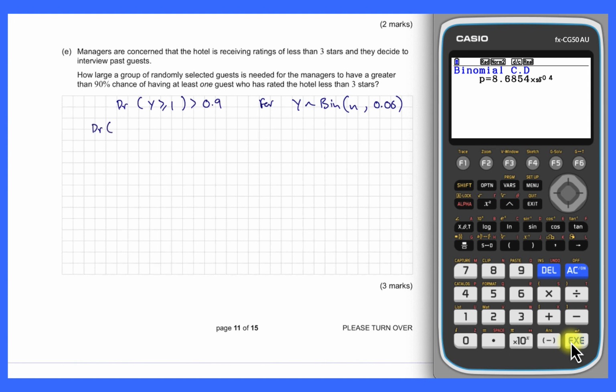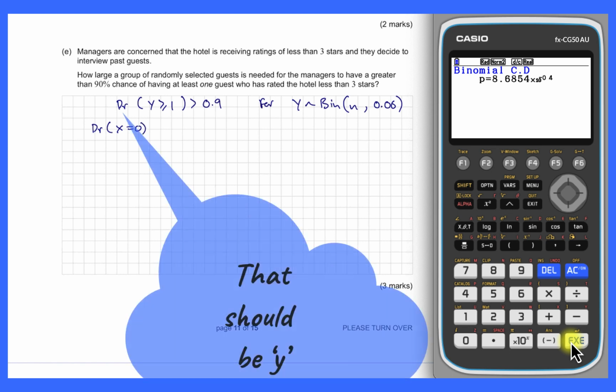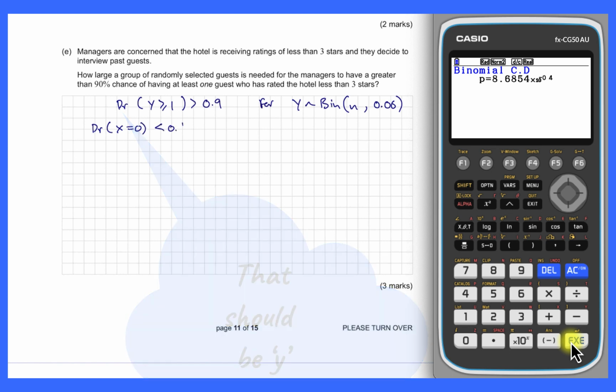First of all, realizing this. And because that's a single value of the binomial distribution, we can use its formula. That would be C(n,0) times 0.06 to the 0, times 0.94 to the power of n being less than 0.1. Those first two terms are 1, so we have 0.94 to the power of n is less than 0.1.